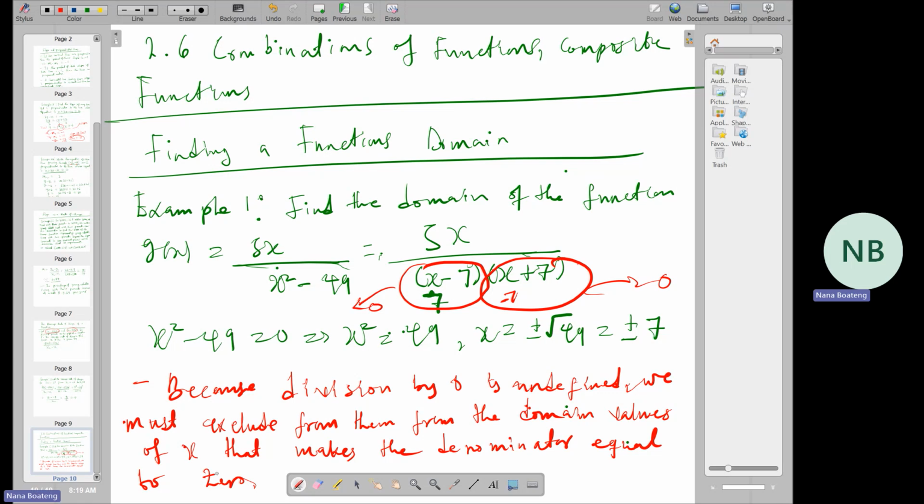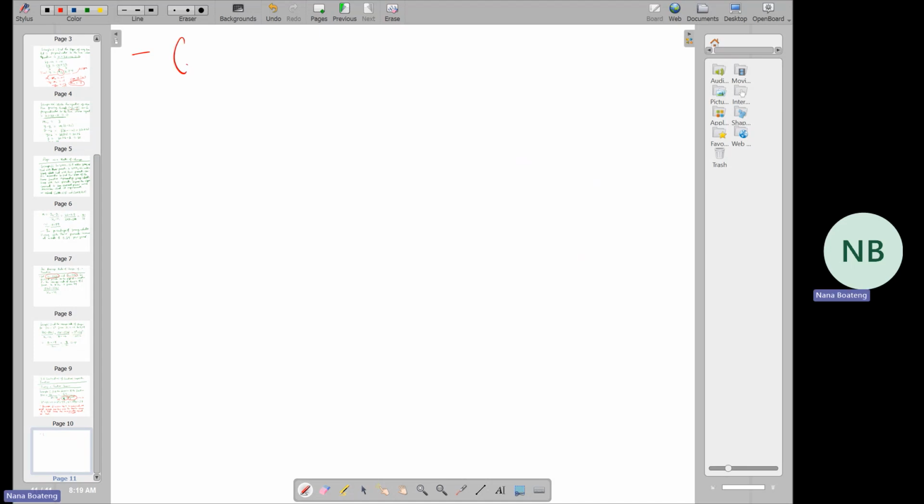All right, so excluding 7 and negative 7 from the domain, we can write the domain as minus infinity to negative 7, union negative 7 to 7, union 7 to positive infinity.